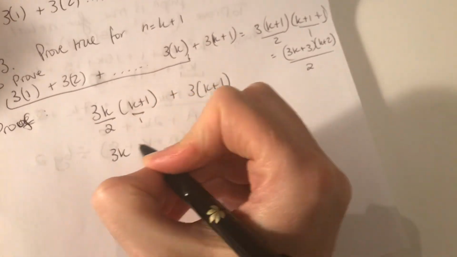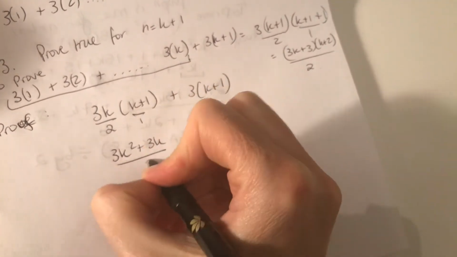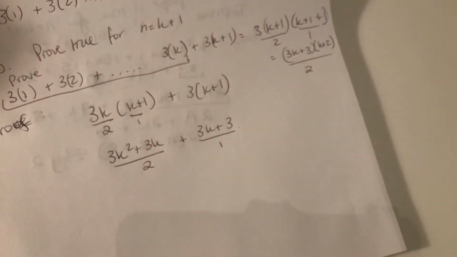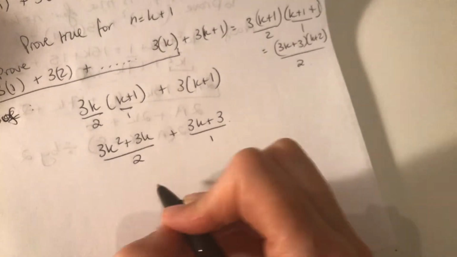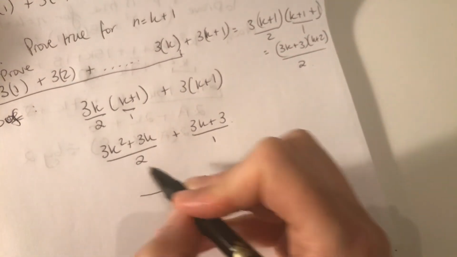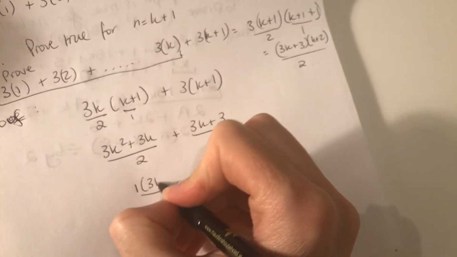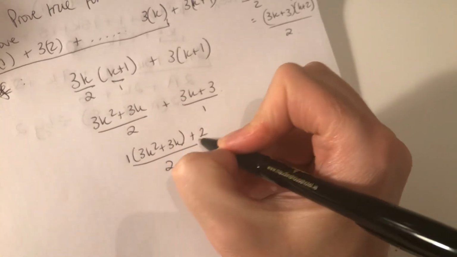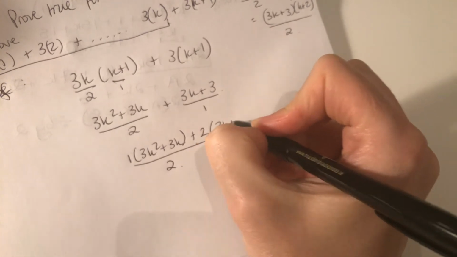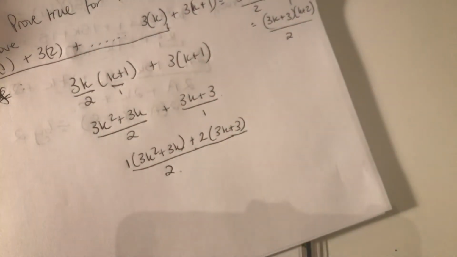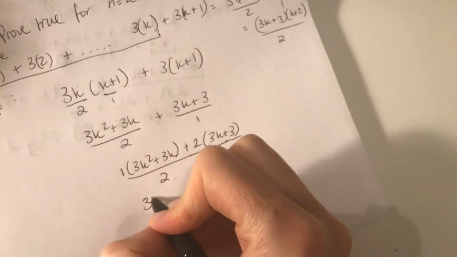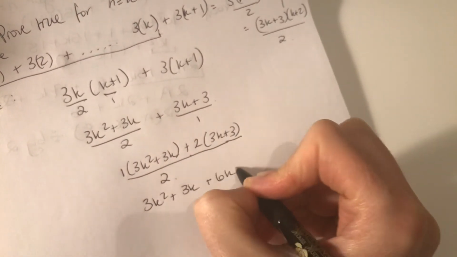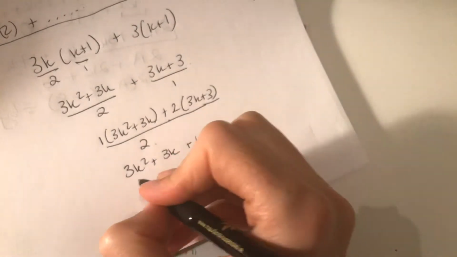So that's 3k squared plus 3k all over 2. And that's over the number 1. I need to get a common denominator. That goes into itself once. And that goes in there twice, 2 times 3k plus 3. Clean that up. That's 3k squared. I'm sure there's faster ways to do it than the way that I'm doing it, but I'm just writing it all out for you so you can see.